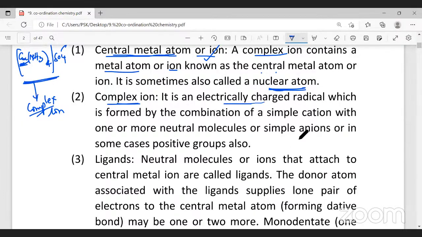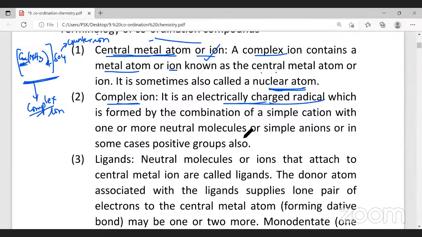When I say it is an electrically charged radical, it can have either a positive or negative charge, and it is formed by the combination of a simple cation with one or more neutral molecules, simple anions, or in some cases positive groups. Cation is nothing but metal.